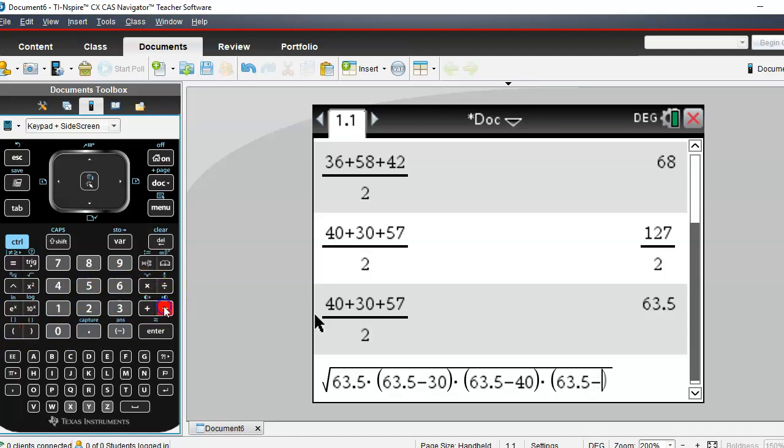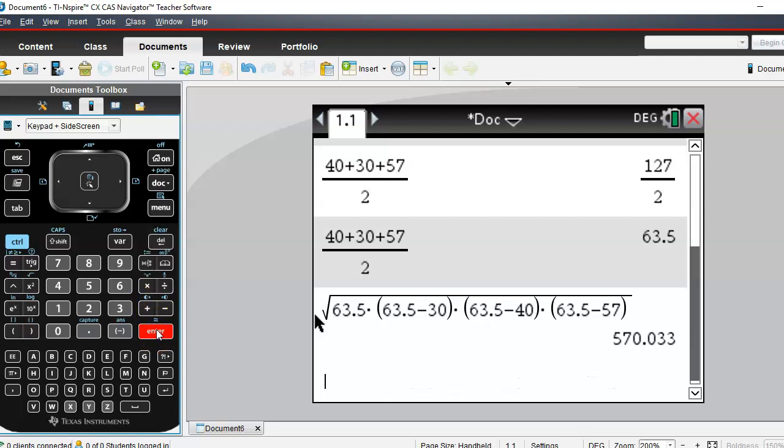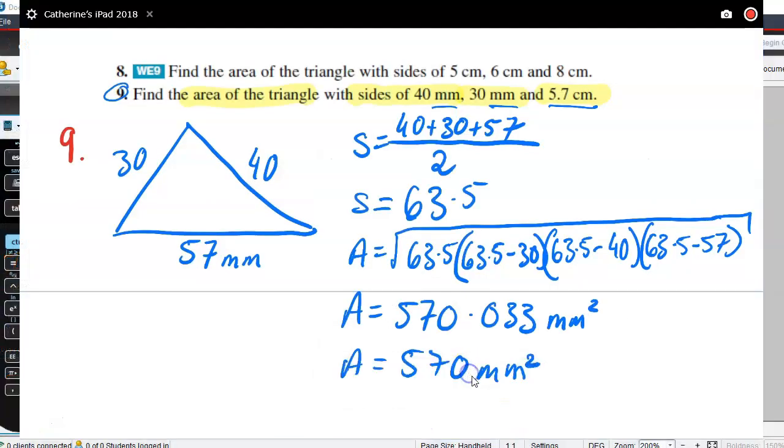So it's a really good habit to get into that no matter what, put those times in. Okay, just double checking that I've got all that right. And answer: 570.033 square millimetres. So 570 square millimetres if I'm not having decimal places.